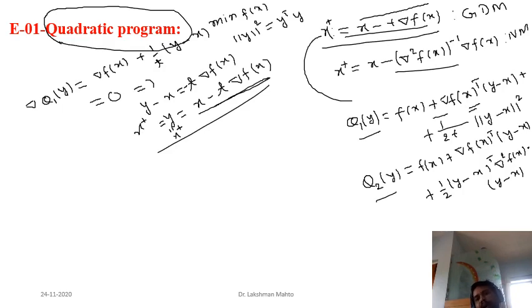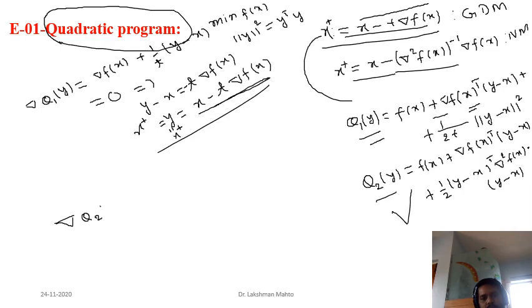Now similarly, if I'm asking how to derive the update rule in the case of Newton's method, in order to derive Newton's method you don't have to take the first quadratic approximation. You will take the second quadratic approximation. Again find the gradient of the second quadratic approximation q2 with respect to y.